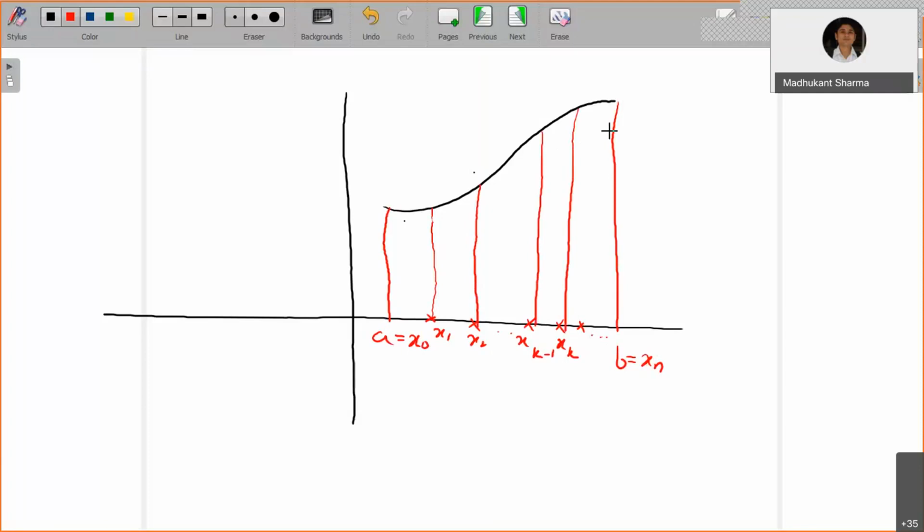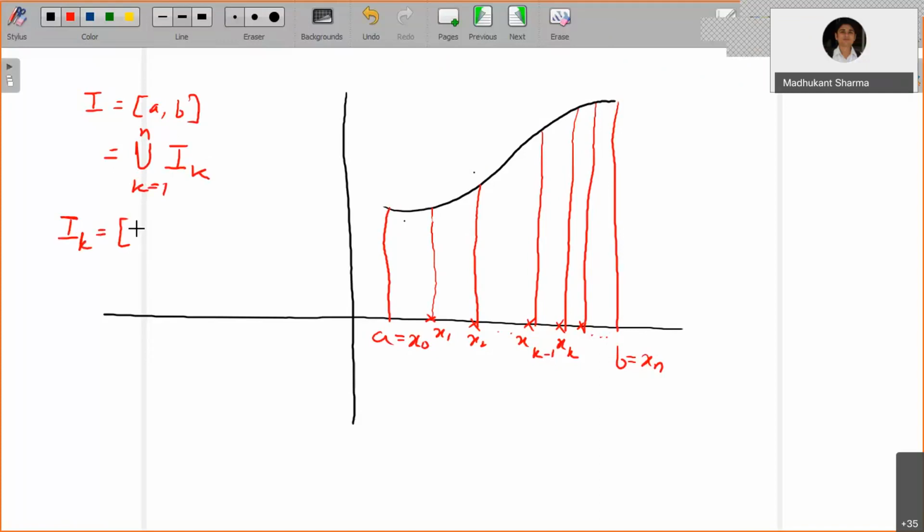Then you have assumed another approach known as the Darboux approach. If you call this I, an interval a to b, which is subdivided into non-overlapping subintervals, k equals 1 to n, where each Ik can be identified by the interval xk minus 1 to xk, where k runs from 1 to n, with x naught equal to a and xn equal to b.